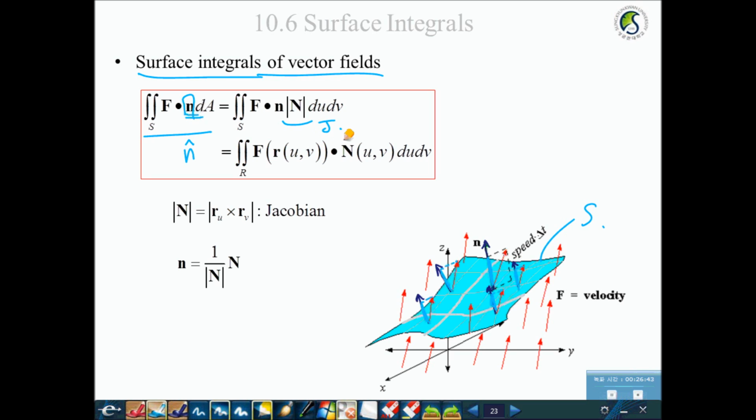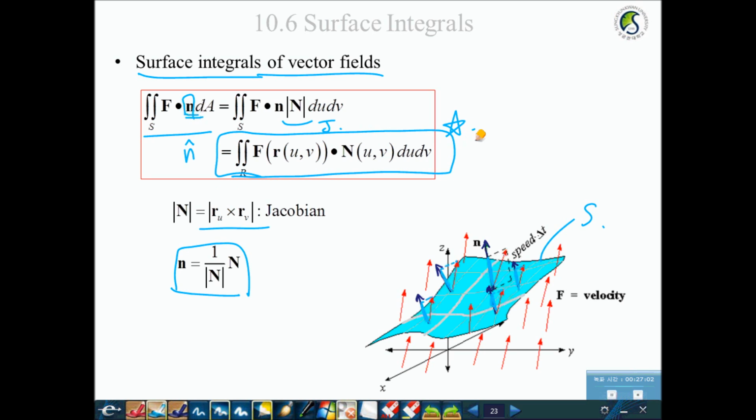This is the Jacobian, because we are transferring from x, y to du dv. So we need the Jacobian, and that is simply this one. You remember that? And from this relationship, we can have this one. So this is the formula that you use most often.